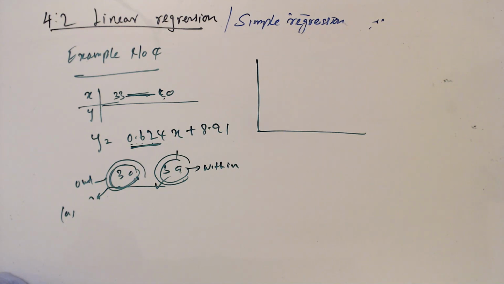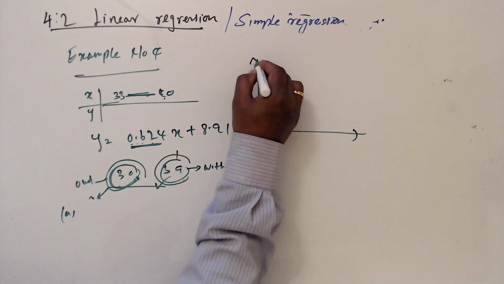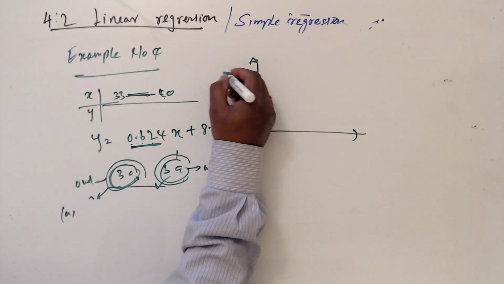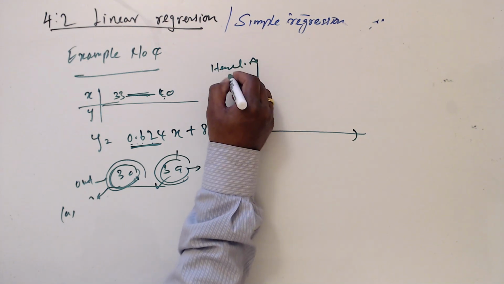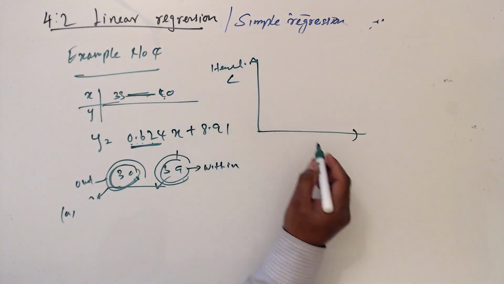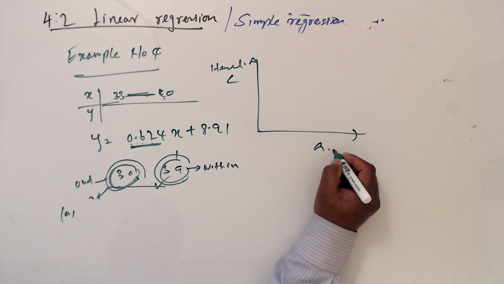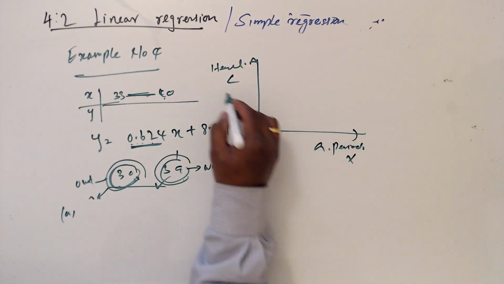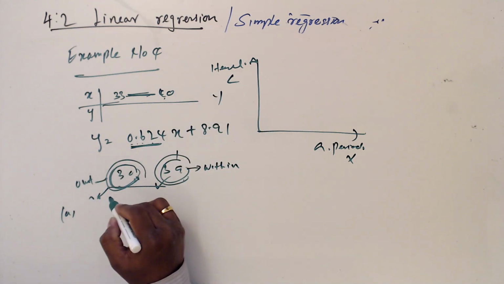In part B above, I can see a nurse wants to estimate the gestation period for a baby born with a head circumference of 31.6. According to this graph, this is head circumference and this is gestation period. So this is the X value, independent, and this is the Y value.